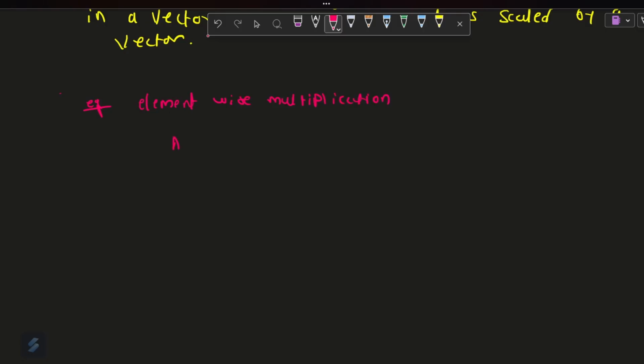We have vector A, 1, 2, 3, and we have vector B, 3, 4, 5. We have two vectors, and we do the multiplication of the two vectors.